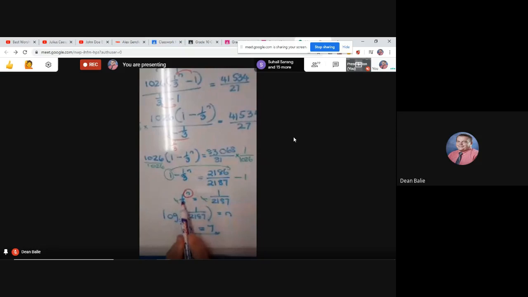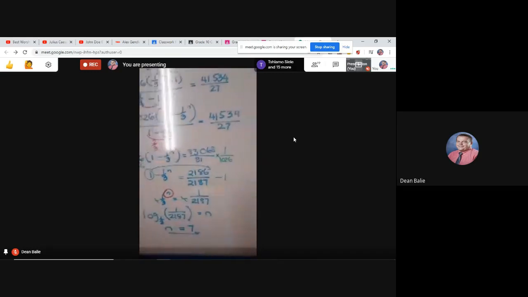There are 2 ways we know now. The one way is to get this thing as a base 1/3. So if I can do an easier one on the side here, if we had 2 to the n equals 8, in the past we could have taken that 2 to the n and made it equal to 2 cubed, and then just said n equals 3.